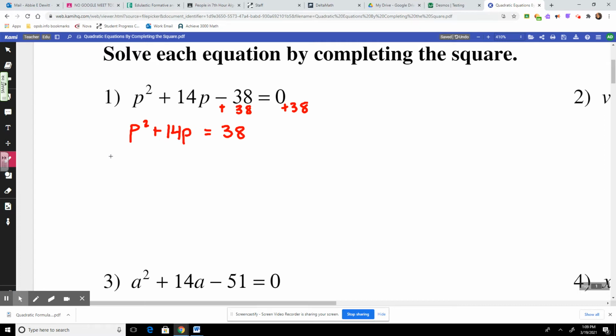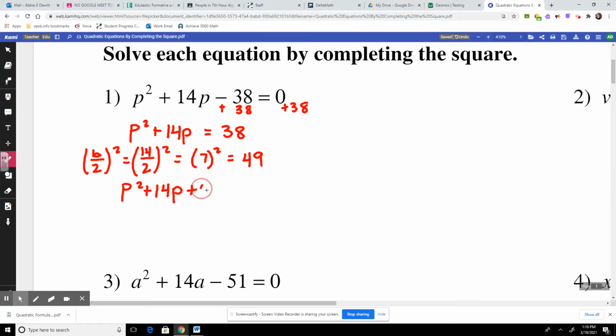So (b/2)² equals (14/2)², which ends up being 7², which is 49. So I'm going to take that 49, and this is the value that I'm going to add to both sides. So I'm going to have p² + 14p + 49 = 38 + 49.